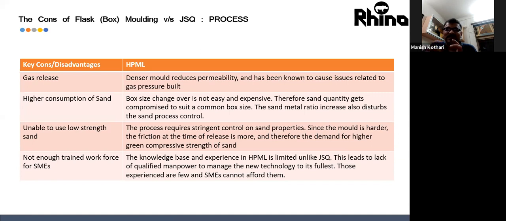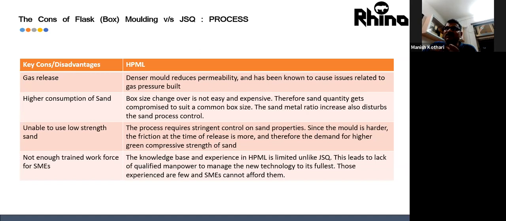Even though mechanically the machine is in very good control, you can still have a casting dimensional variation because of gas release in high pressure, is what I observed over a few customers' feedbacks.